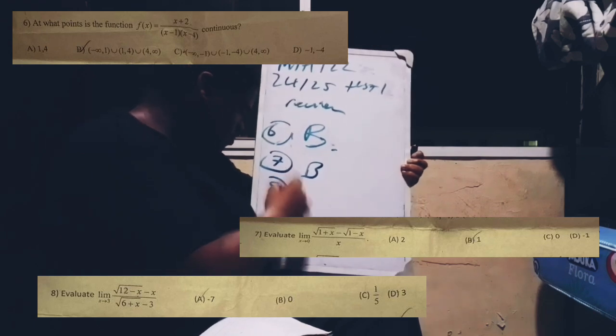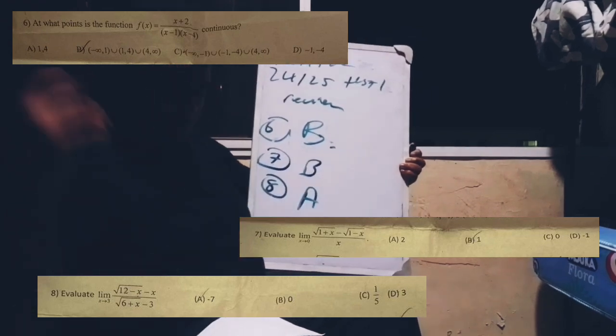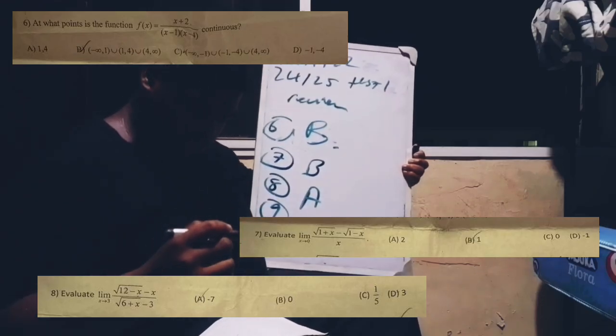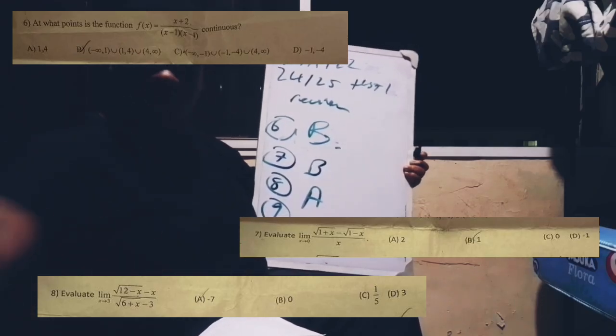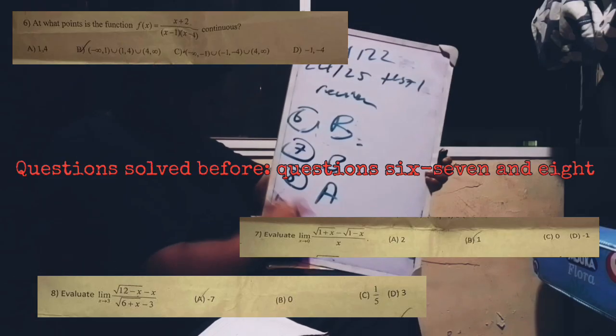Question 8 is option A. This is also a past question. Question 9 is not a past question.